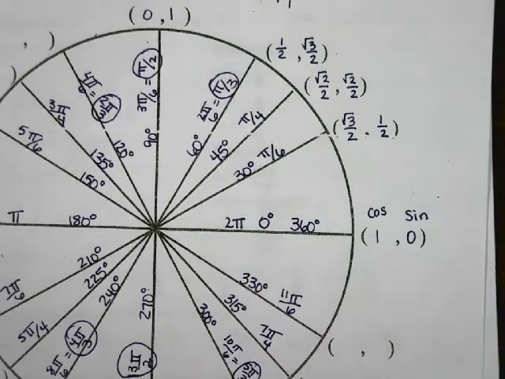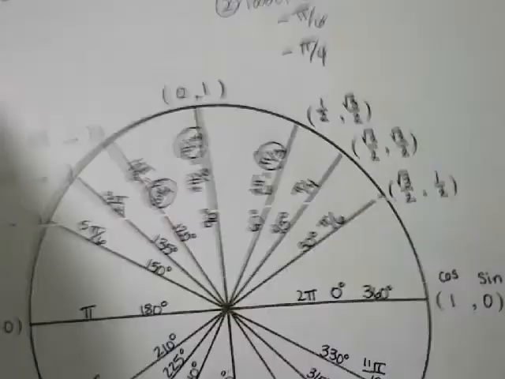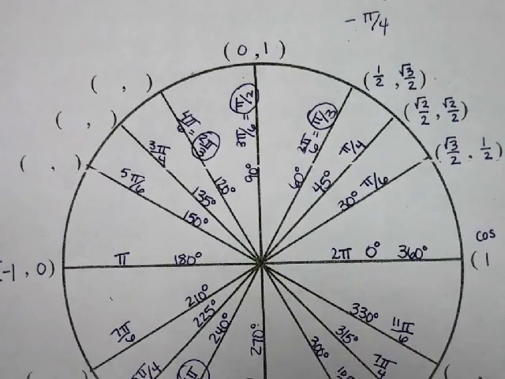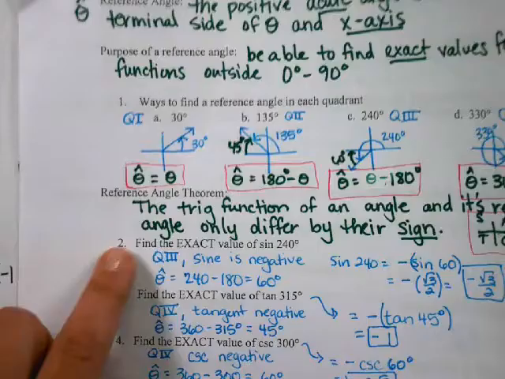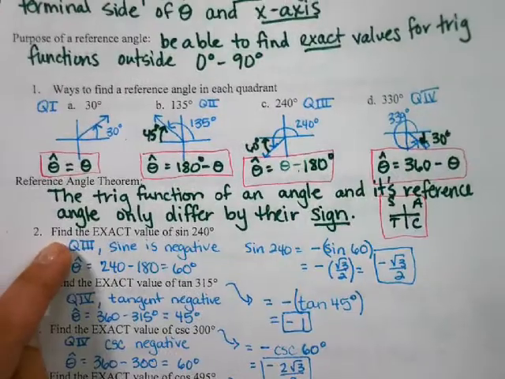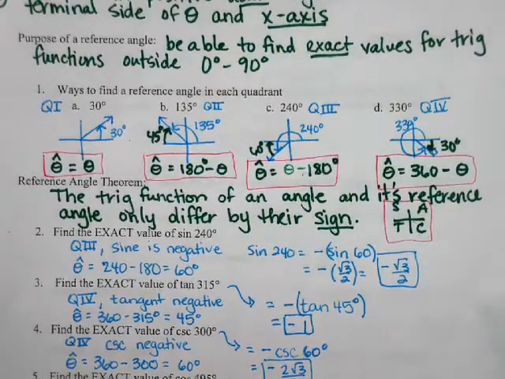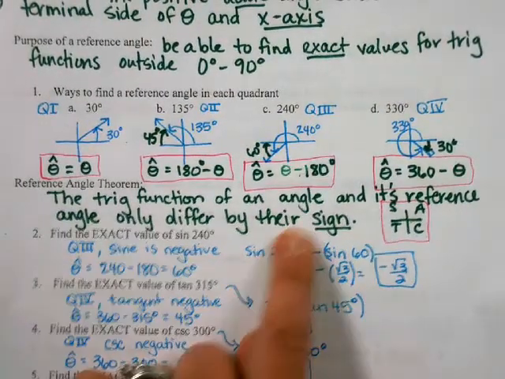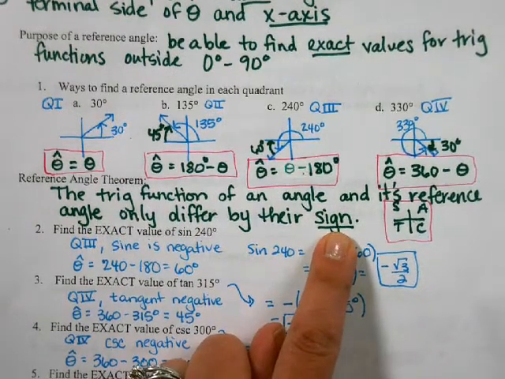We had a theorem back in the last section, 3.1. We had our reference angle theorem, and it says the trig function of an angle and its reference angle only differ by their sign, positives or negatives.